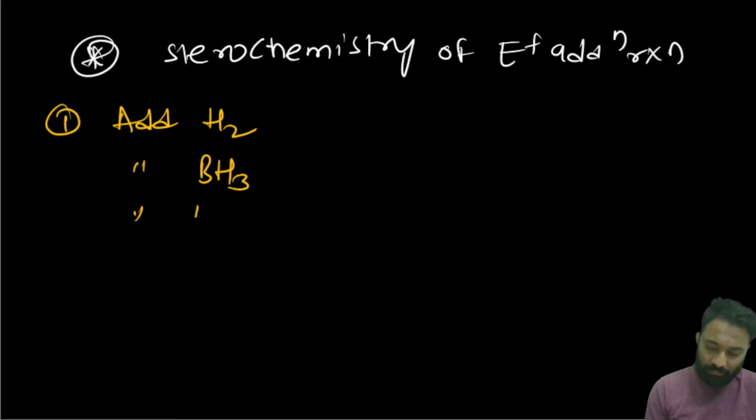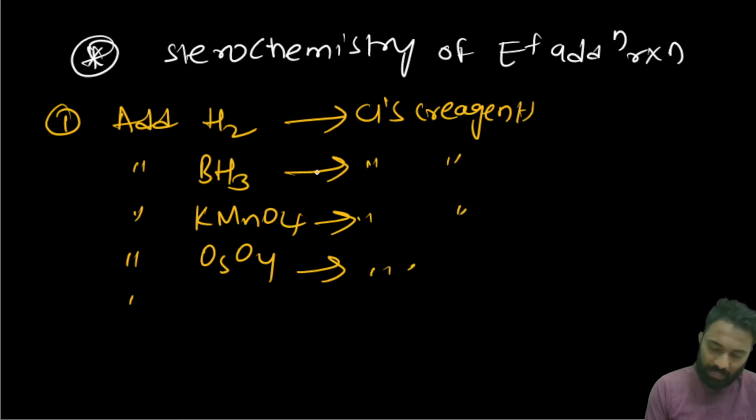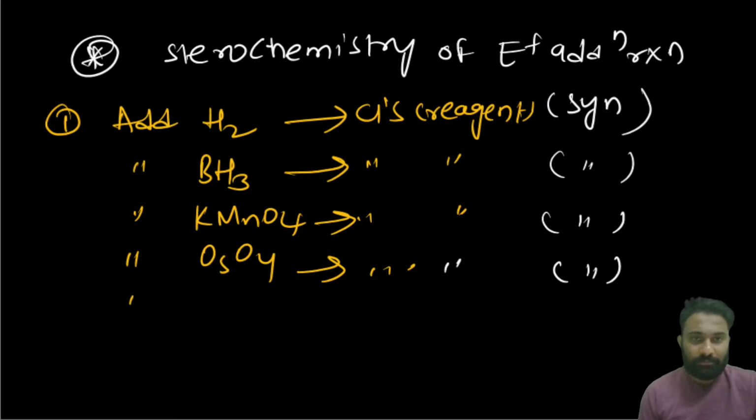Next, addition of KMnO4. Then addition of osmium tetroxide. Now these are all cis reagents, and with the alkene they will show syn addition. Done.